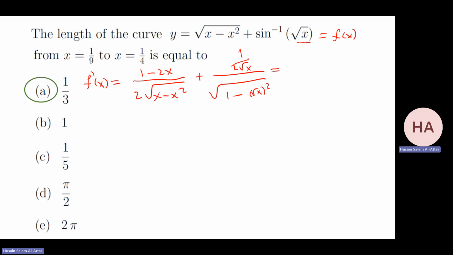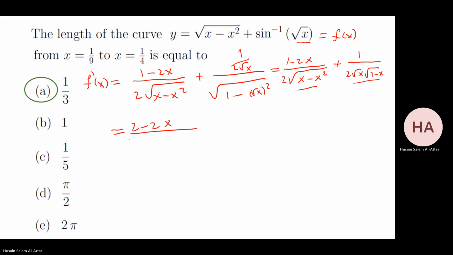Yeah, let me check the calculation now. 1 minus 2x over this plus 1 over 2 root x square root 1 minus x. This is similar to this. So I have 2 minus 2x over 2 square root x minus x squared. In other words, I have 1 minus x over this. That will be f prime.